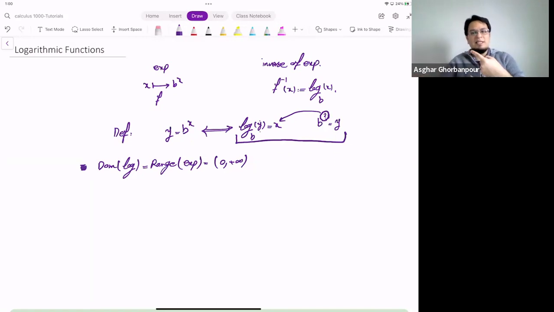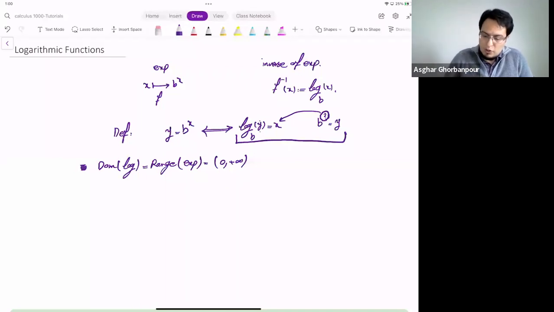It's completely the other way around of the exponential function. If someone says what is the exponential of x, with base b, you have b, you put x in the exponent, b to the power x. Now, log is the other way around. Someone gives you a number, and you're trying to find what is the number. If I put it in the exponent of b, I will get this number. That's the log of this number.